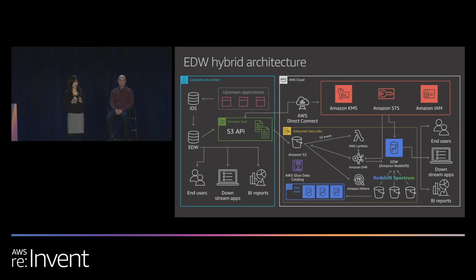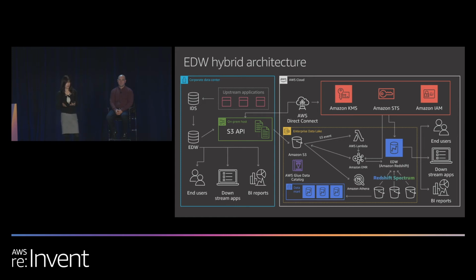Then what we did is create this EDW in the enterprise data lake, which is hosted in AWS today. We developed custom solutions to hydrate the data from the on-premise EDW to the cloud.